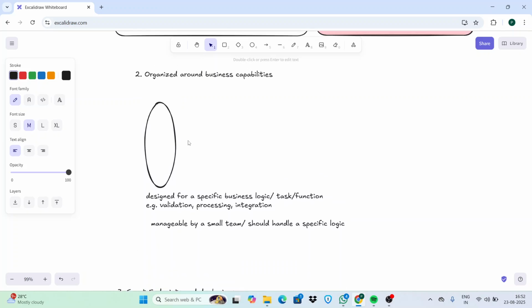Don't split the team as UI team, backend team, DevOps team. No, rather split the teams based on business functionality. Consider a microservice for the payment validation function. For payment validation, UI is required, backend is required.